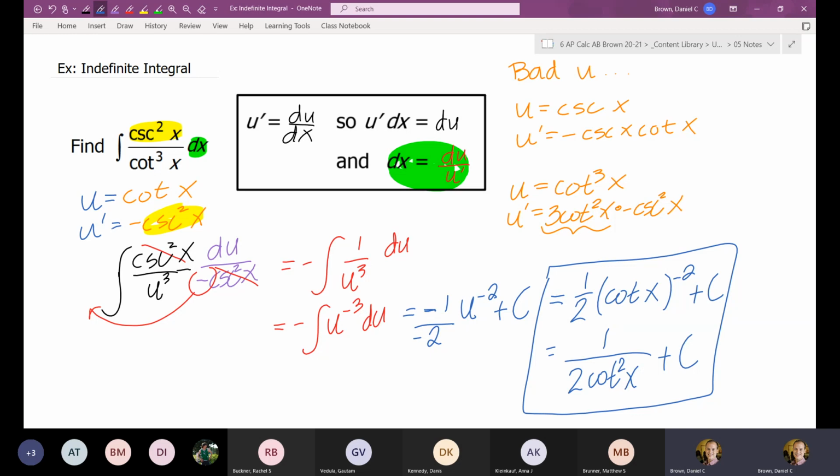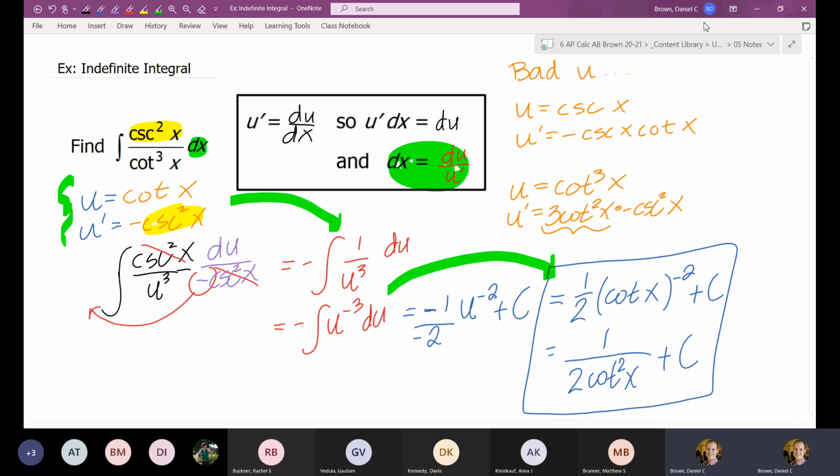But honestly, many of you could probably just show your u and your u prime, and then jump straight to the rewritten version of it. And then once you have the integral, jump straight to the answer. You don't have to clearly show the integral with u. If you find the antiderivative and plug in u at the same time, perfectly fine with me.